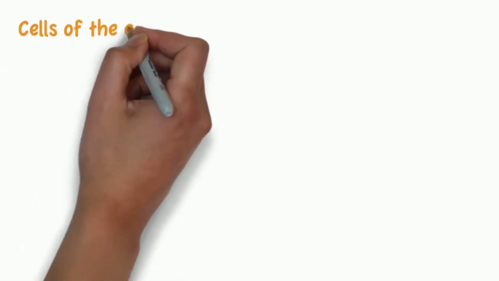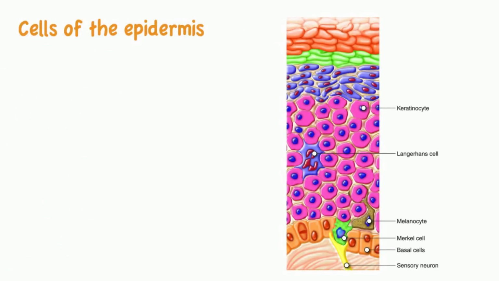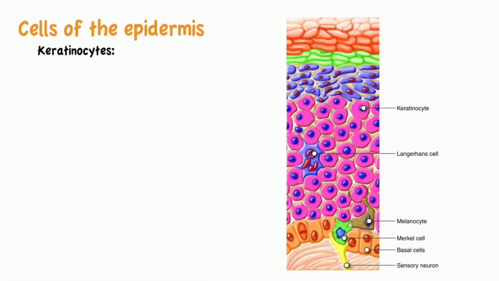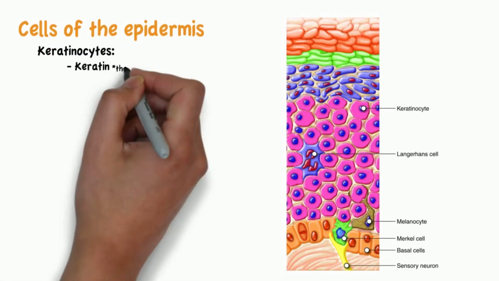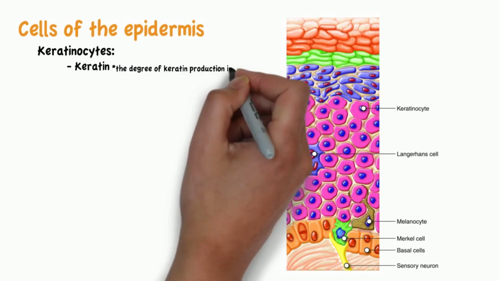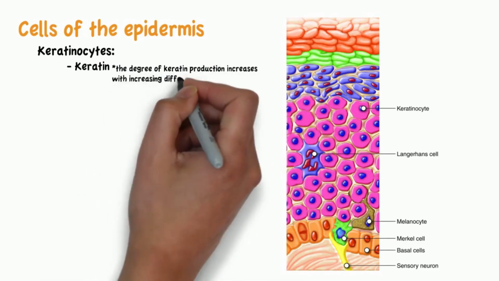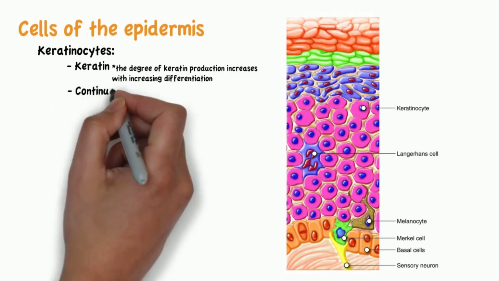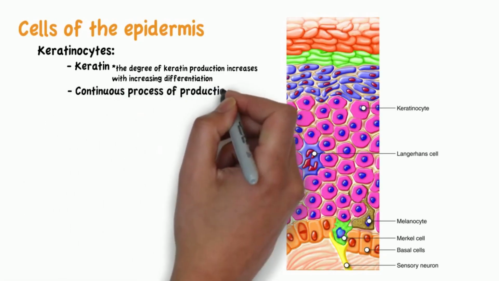Now let's talk about some of the cells that are important in the epidermis. So the most abundant cells in the epidermis are keratinocytes. These are the cells that produce keratin, and the degree of keratin production increases with increasing differentiation. These are the cells that undergo a continuous process of production and shedding.